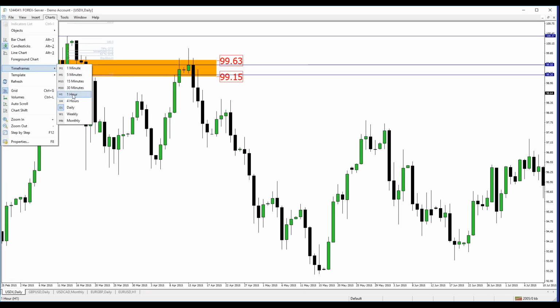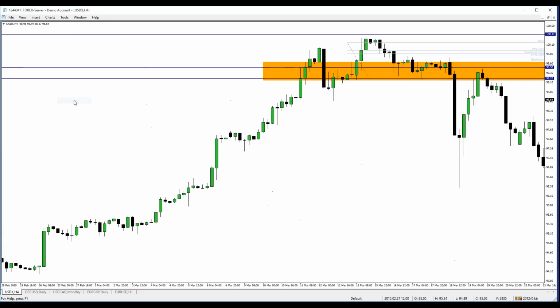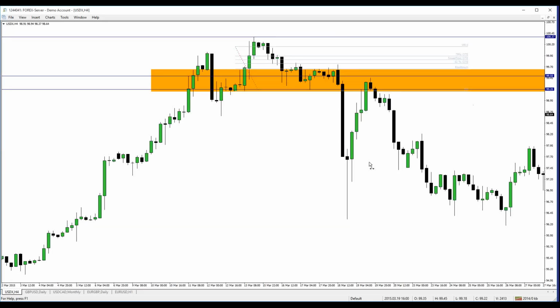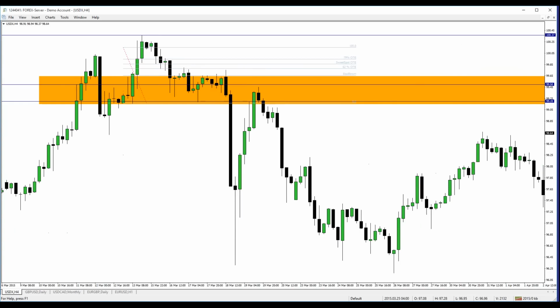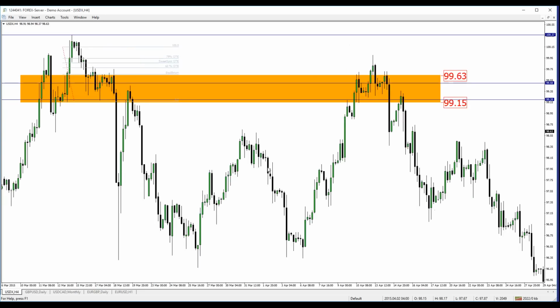I'm not sure if it'll give me it on an hourly. Let's drop down to a 4-hour. All right, so here's that same price action right in here on a 4-hour chart. Here's that first time it came up there and created the resistance level. Price moved away, and it came all the way up into it.